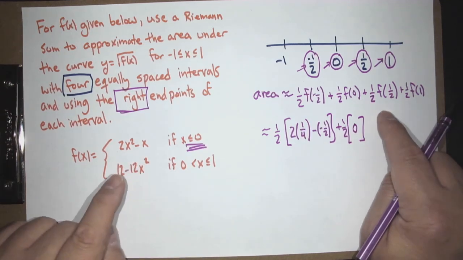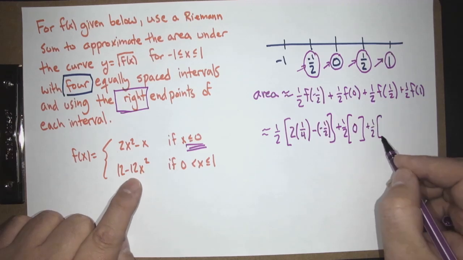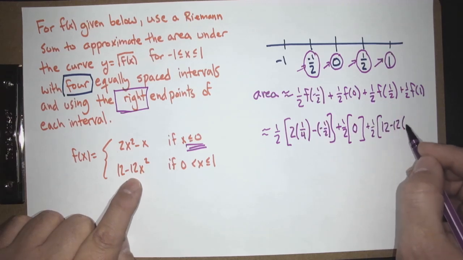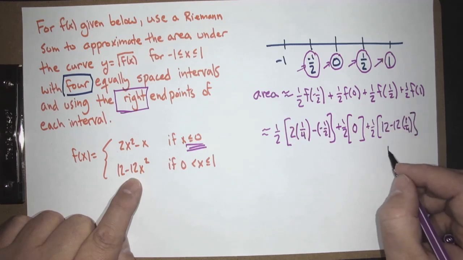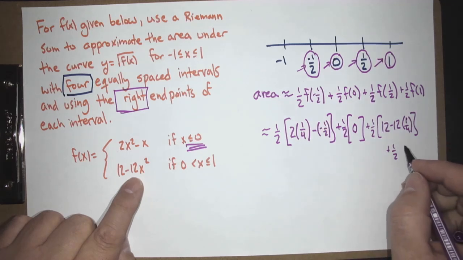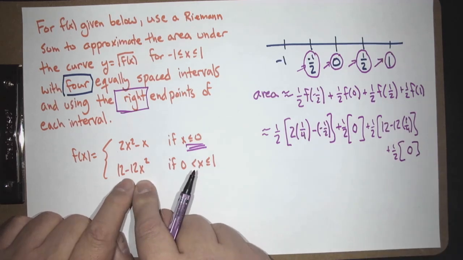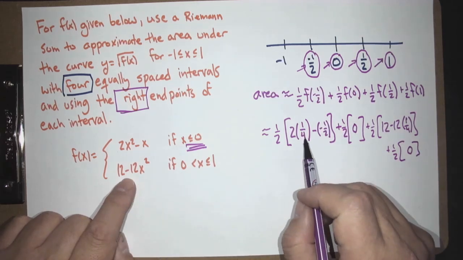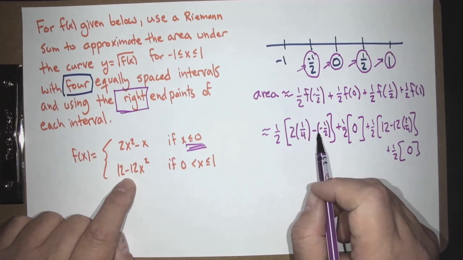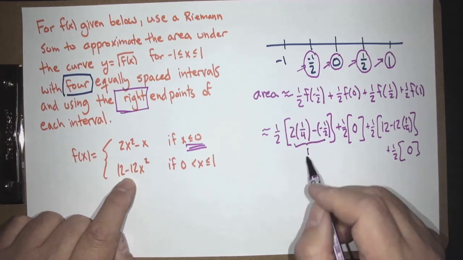Now for a half, we have to switch gears. When we plug a half in, we have to use our other definition. So it's 12 minus 12 times a half squared, which is a quarter, plus a half. When we plug in 1, what do we get? 0. Because it'll be 12 minus 12. Okay. 2 times a quarter, also known as a half, plus a half, tells us that this first value is 1.